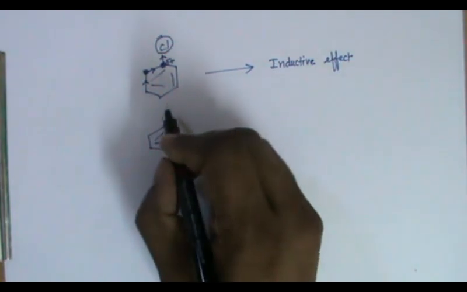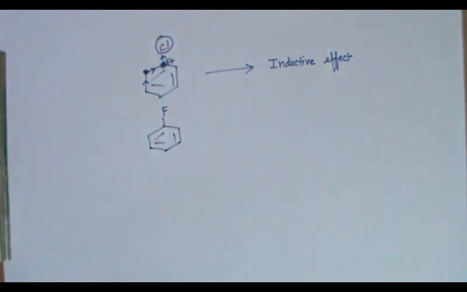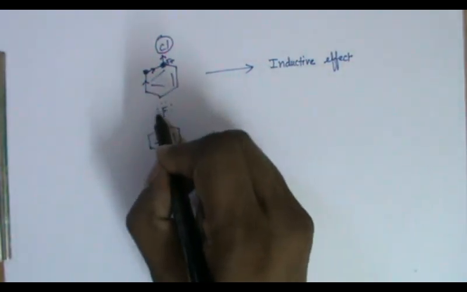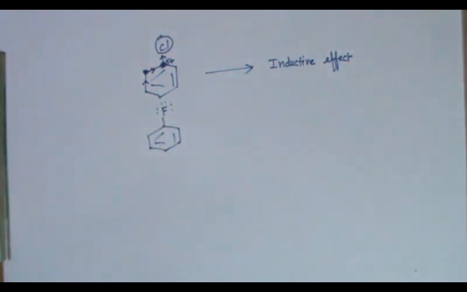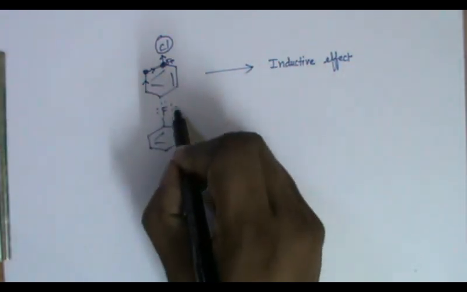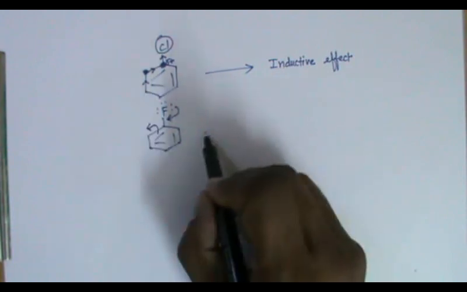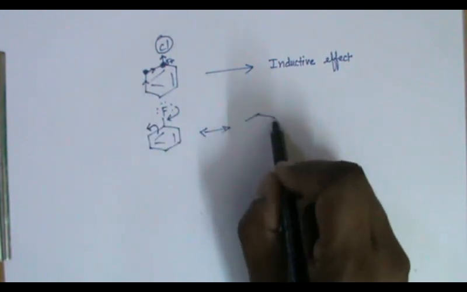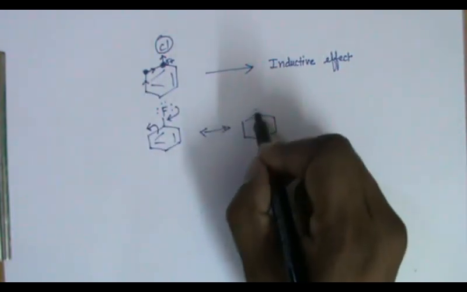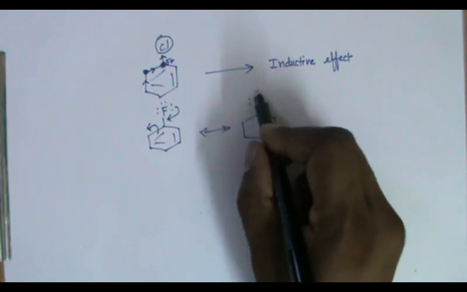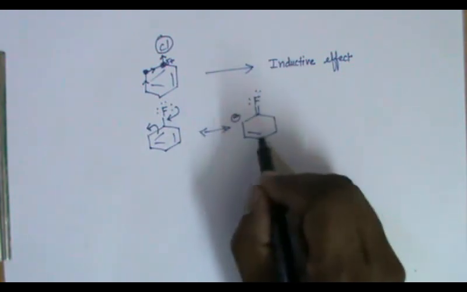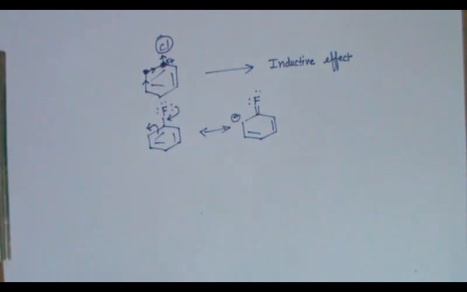Generally, if you go for fluorine, it has 3 lone pairs of electrons. These lone pairs can be involved in resonance to give a structure like this. So we get minus charge on this carbon.